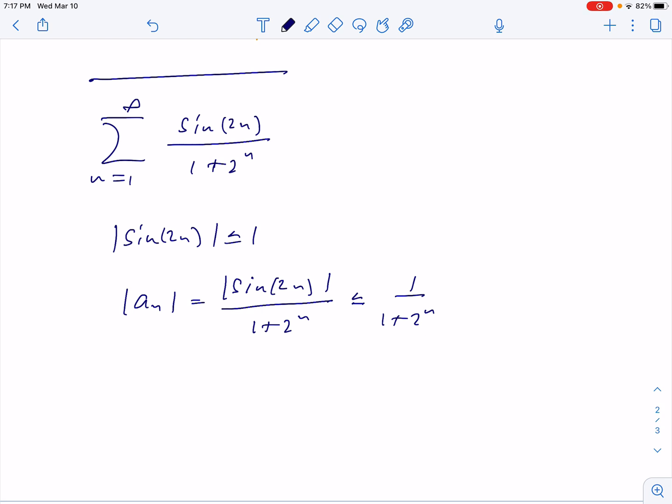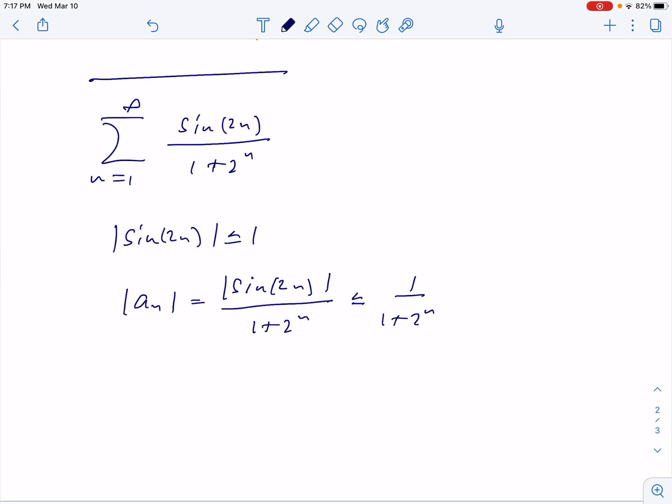So I'm reasoning this way. 1 over 1 plus 2 power n possibly gives you a term of convergent series because it very much looks like a geometric series. So most likely our series will be absolutely convergent.